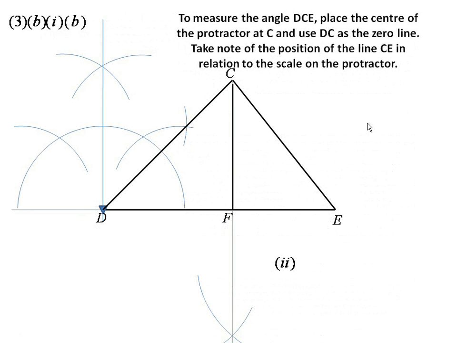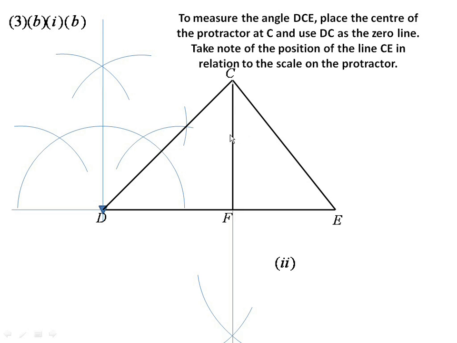To measure the angle DCE, that's the angle that we need to measure. Place the center of the protractor at C and use DC as the zero line. Although we could put the center of the protractor at C and use CE as the zero line, because we want one of these lines to be on the zero line, and then we measure the angle in that direction.